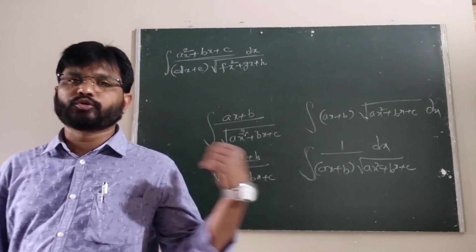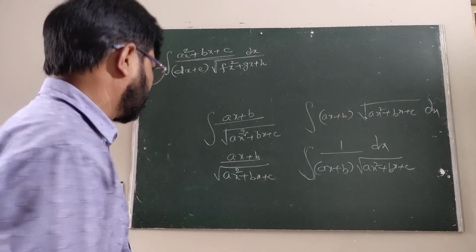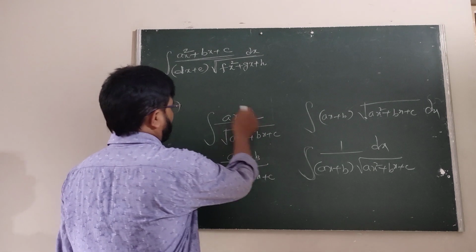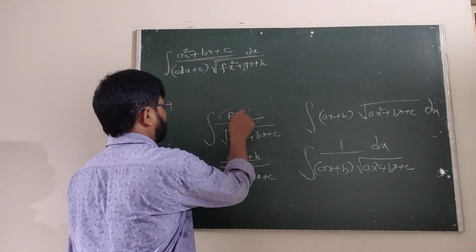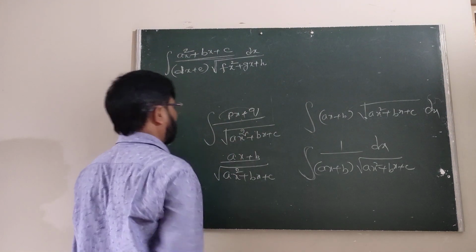We know how to evaluate these types of integrals. Now this is px + q upon this one. How to write this?